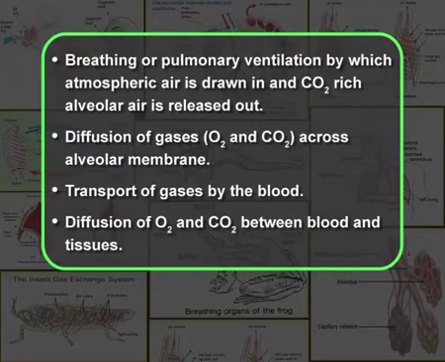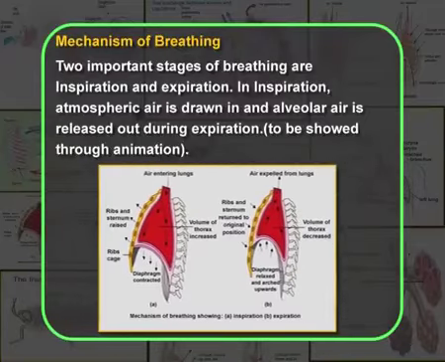Then there is diffusion of gases, oxygen and carbon dioxide, across the alveolar membrane. The third is transport of gases by the blood. Next is diffusion of oxygen and carbon dioxide between blood and tissues. So, now we will start with the mechanism of breathing.